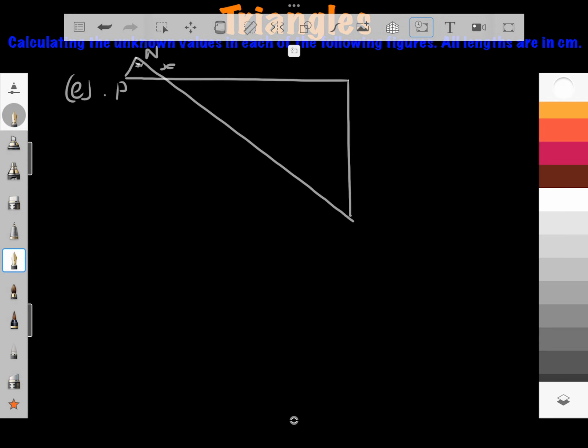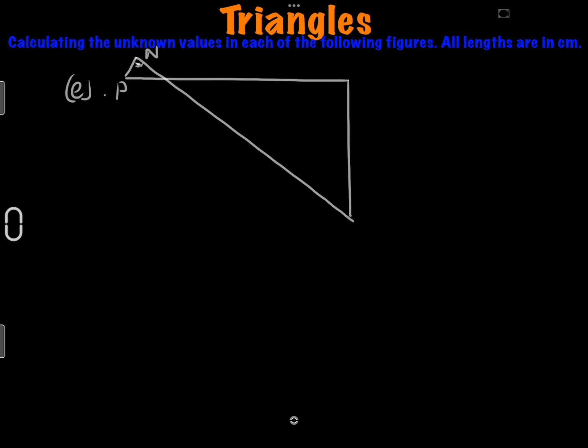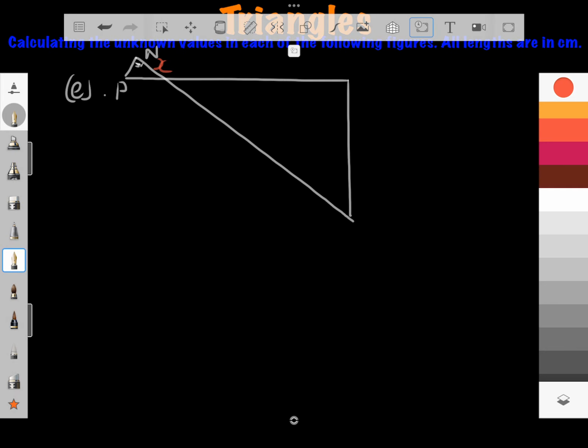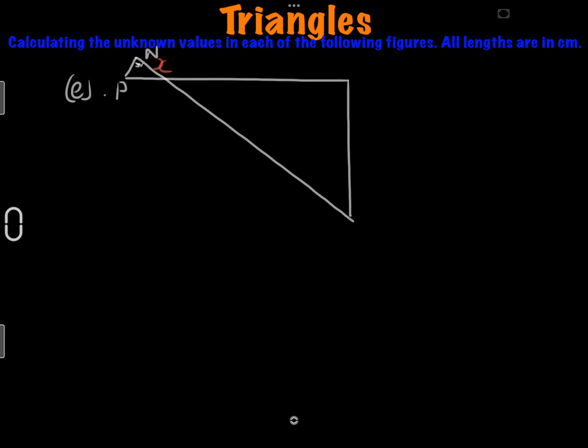In fact, let me use a different color to indicate our angle X. Okay, and then we have our angles here.